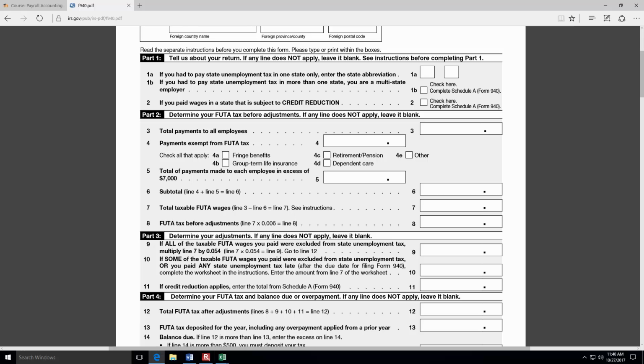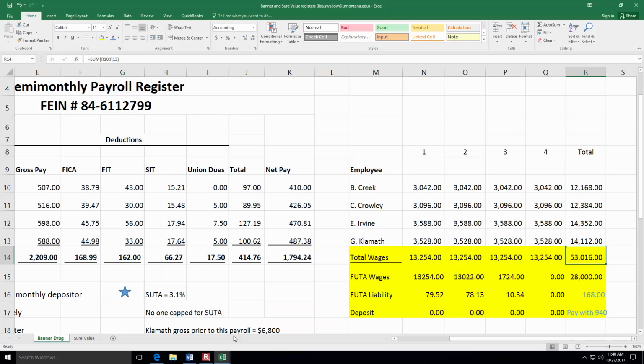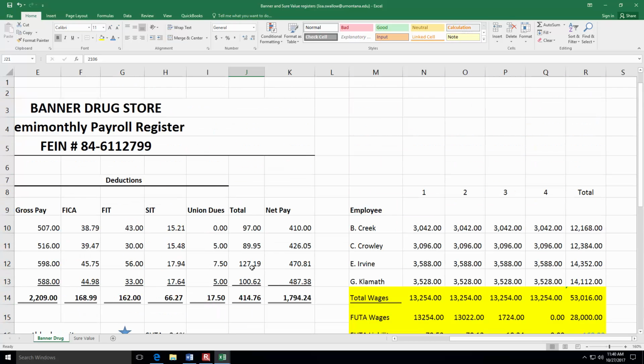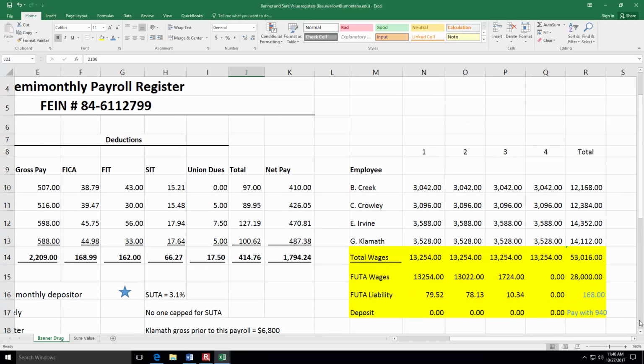So line 3 has got the 53,016, line 7 has the 28,000. Line 6 says, if we paid 53 and only 28,000 is taxable, then how much was not taxable? And that's the number that goes on line 6, which is the difference.